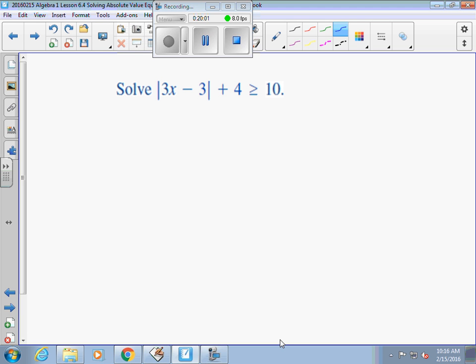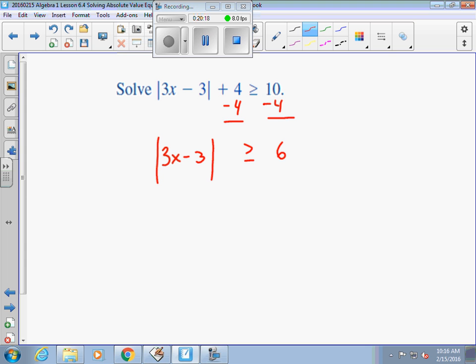Again, before you try to undo the absolute value, you need to undo this plus 4 part by subtracting it. If you do it there, do it here. Now you got something that says the absolute value of 3x minus 3 is greater than or equal to 6.